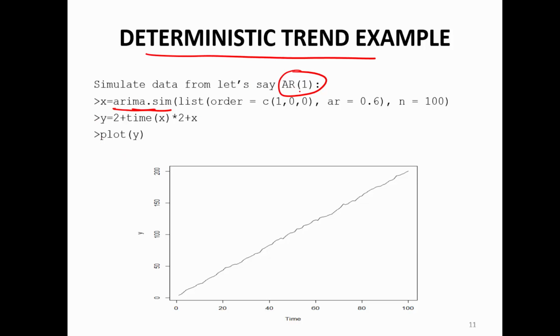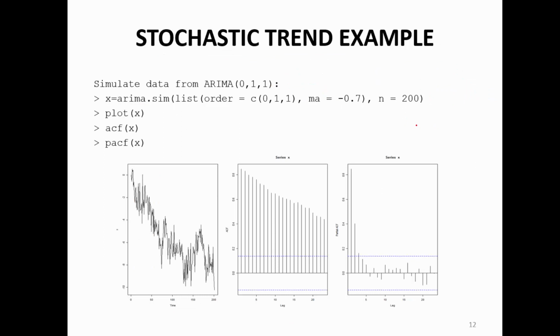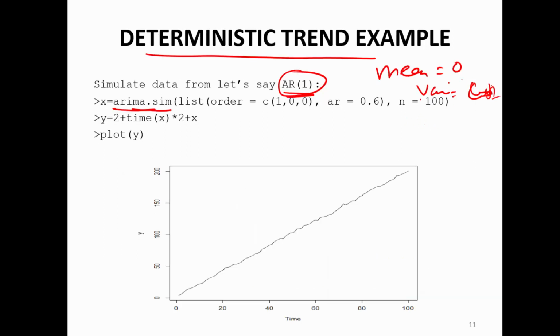So you just simulate an AR1 series, which ideally should have a mean equal to 0 and constant variance. Constant mean and constant variance is the idea here, and mostly 0 mean.